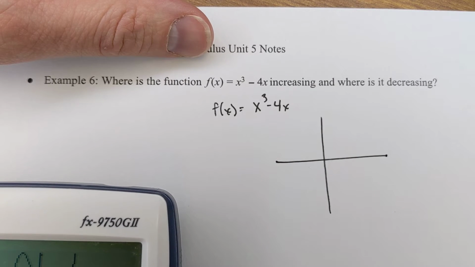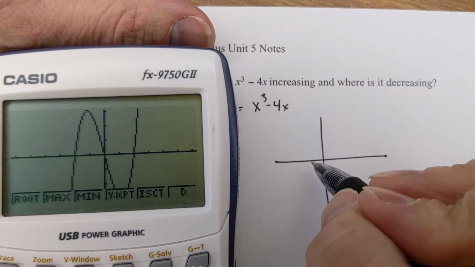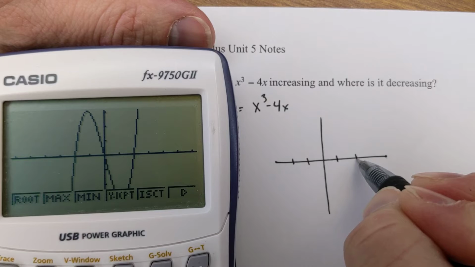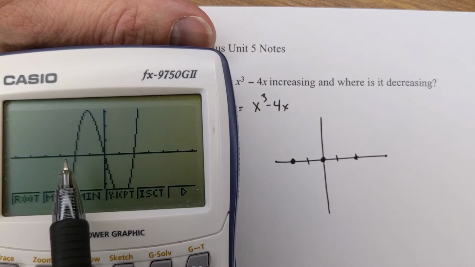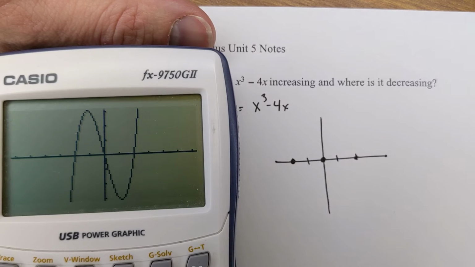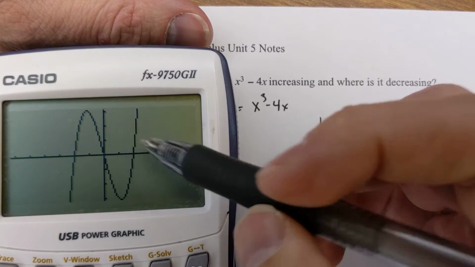Let's use my calculator to find my zeros first to give us a place. Looks like we have a 0 at 2. So we know we go through that point, and that point: negative 2, 0, 2. Looks like we have a maximum at about negative 1, comma 3.